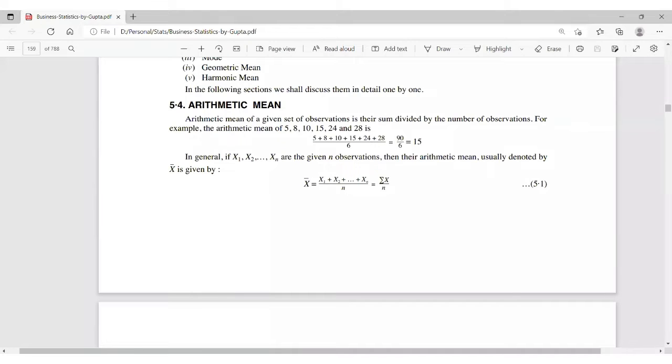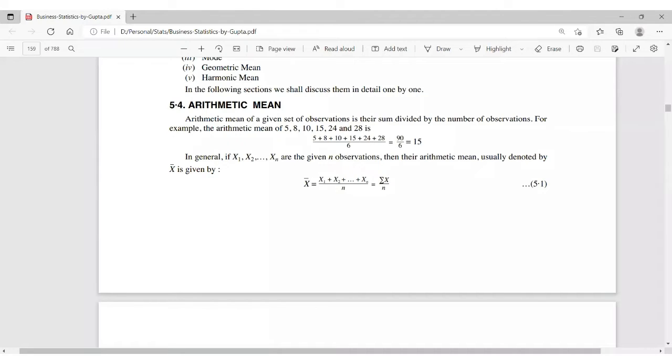We broadly classify data in two ways. First is ungrouped data.